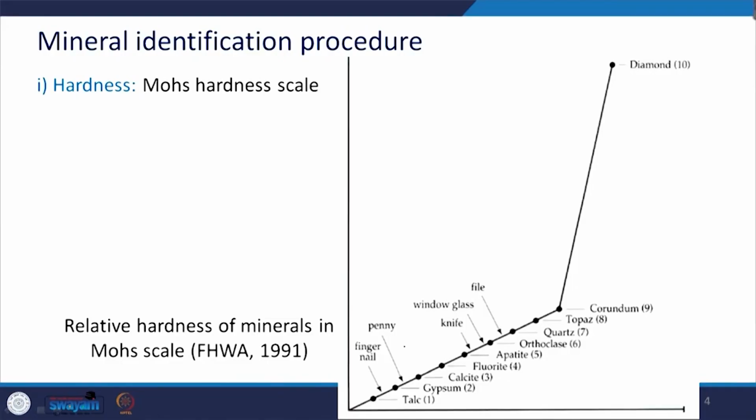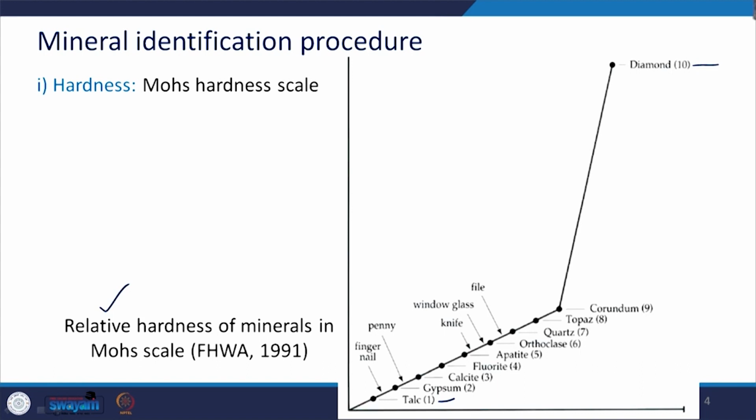Now this figure shows the Mohs hardness scale. Again I am repeating, it is the relative hardness and not in the absolute sense, as here you can see that against the names of some of the minerals, some numbers are written. It starts from 1, 2 and goes up to 10.